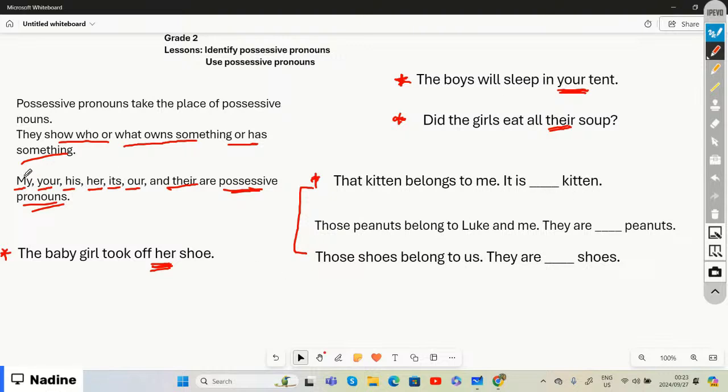Is it my kitten, your kitten, his kitten, her kitten, its kitten, our kitten, or their kitten? If we were to say that the kitten belongs to me, then we can say it is my kitten. So the kitten belongs to me, so we can say it is my kitten.